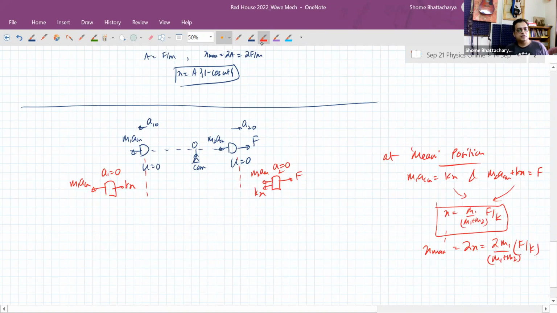And this will also be such that this is one amplitude for this one, and this is one amplitude for this one. Because this is the mean position, this is extreme. This is the mean position, this is extreme. And therefore the other extreme will be at this side.